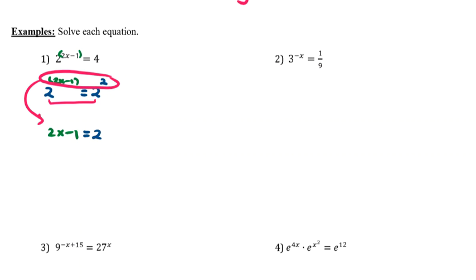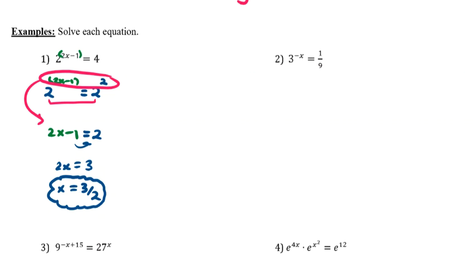And we'll just go ahead and solve this real quickly by adding 1 over. That's 2x equals 3, and we get x equals 3 over 2 as our final answer. And of course, you could check this answer by plugging it back into the original equation.